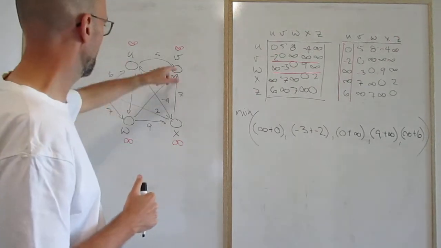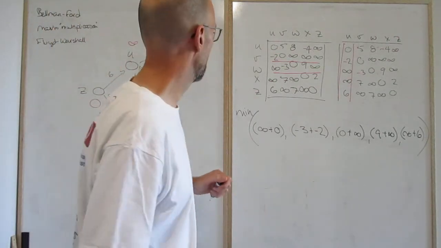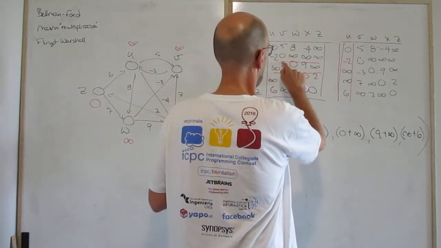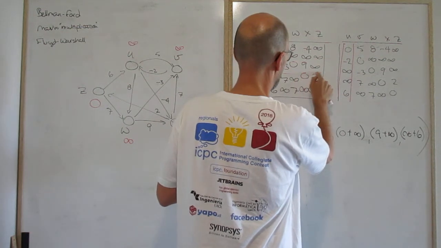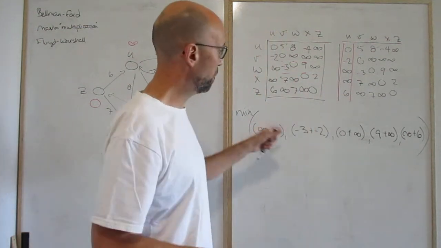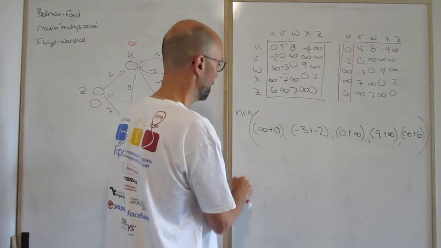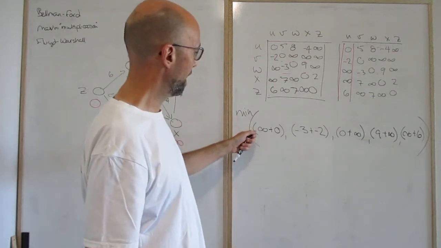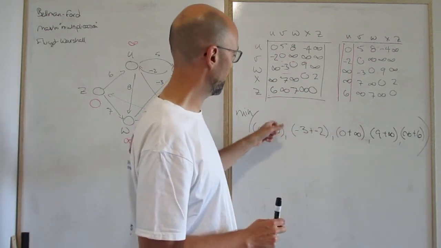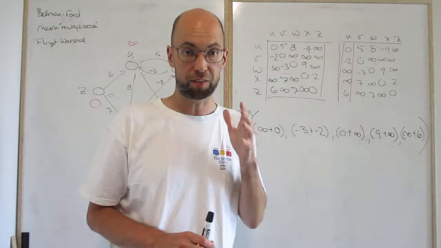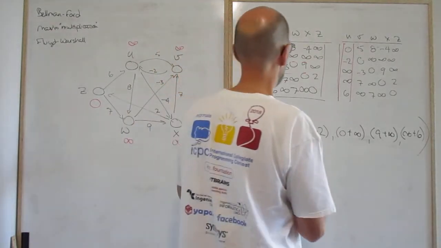Let's do U to V, because that's an interesting one. But you see the idea is it's just like matrix multiplication, but here instead of a big sigma, I'm writing min, and in each of these, instead of a multiplication, I'm writing a sum, an addition. Okay, so let's say we're going to do U to V.